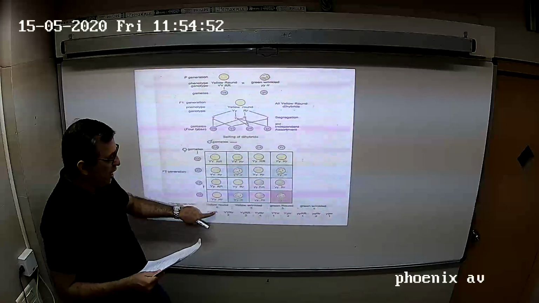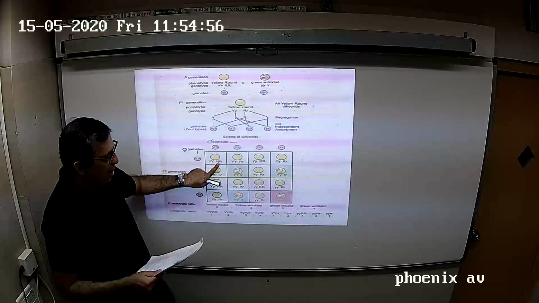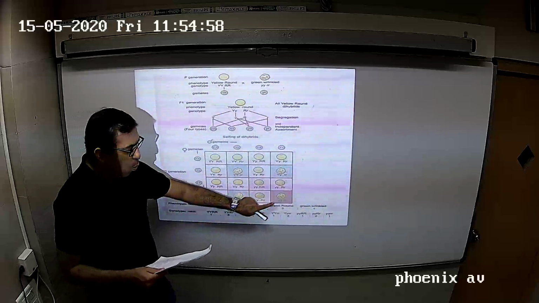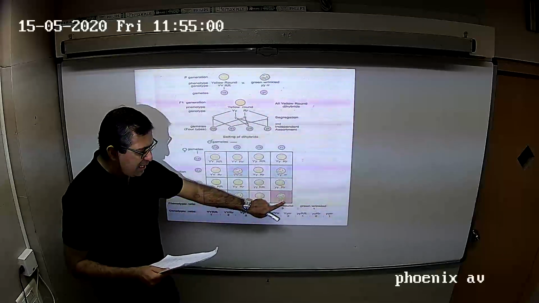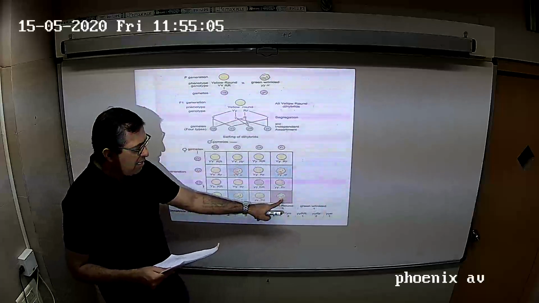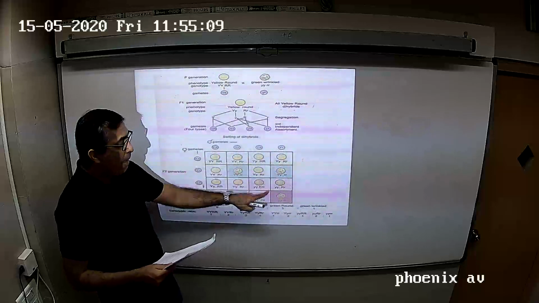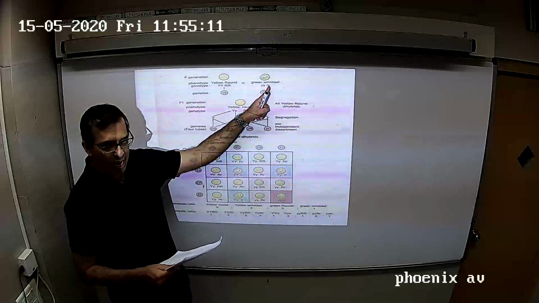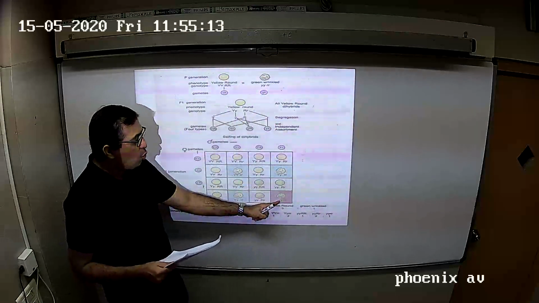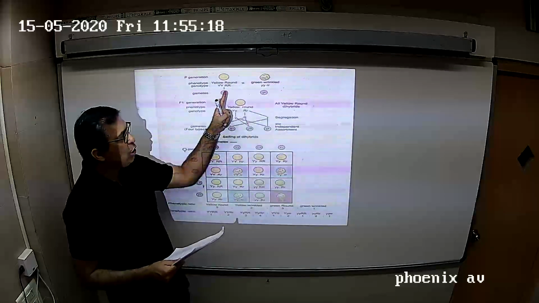And in this checkerboard, we get one plant capital Y, capital Y, capital R, capital R, and we get one plant small y, small y, small r, small r. In other words, two plants out of 16 are having parental genotypes.